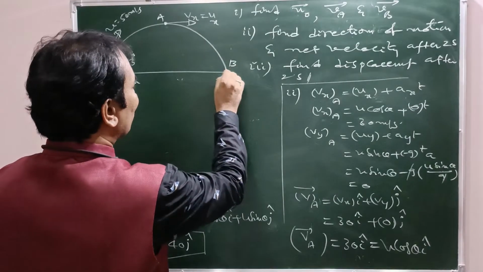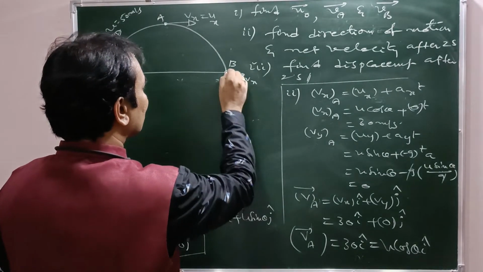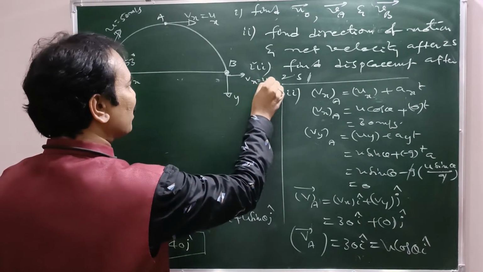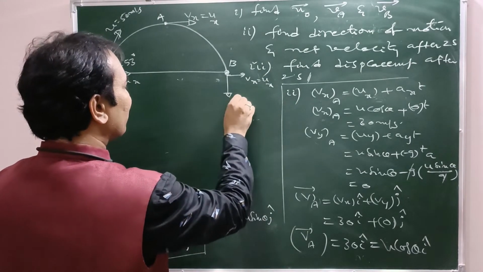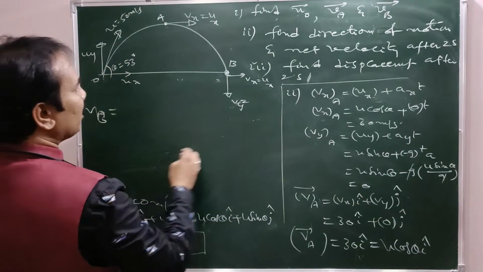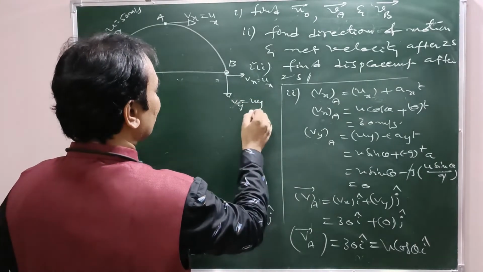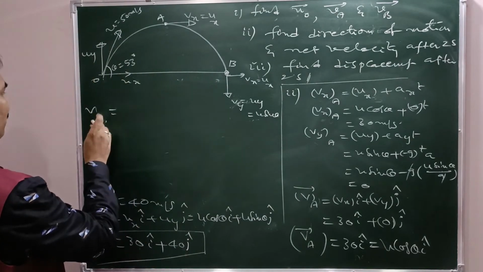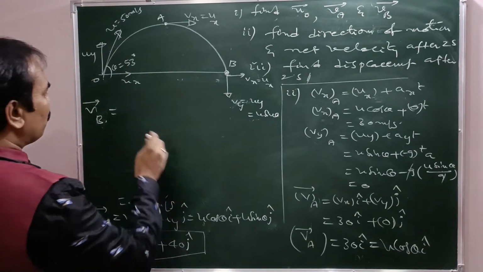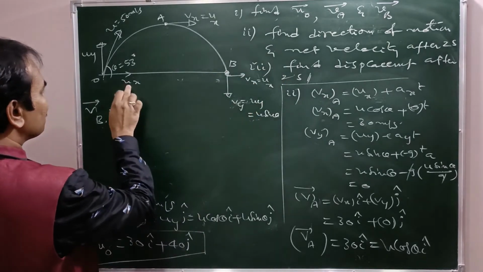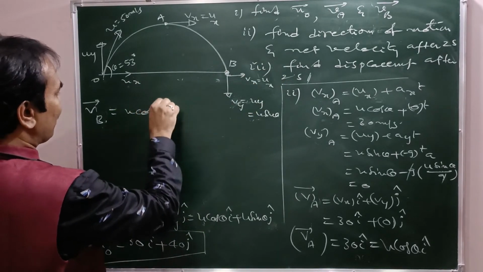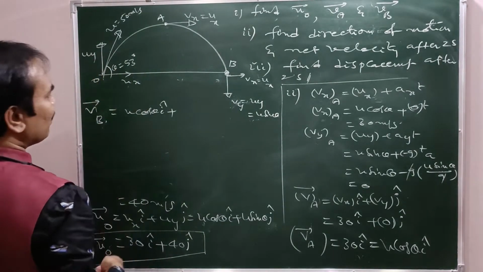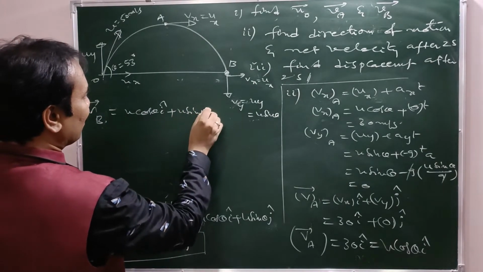See here at point B, this is Vx and this is Vy, right? So Vx remains the same, and Vy equals uy, that is u sin theta. So in vector notation, at point B, Vb bar equals the horizontal component u cos theta into i cap plus the vertical component u sin theta into minus j cap.